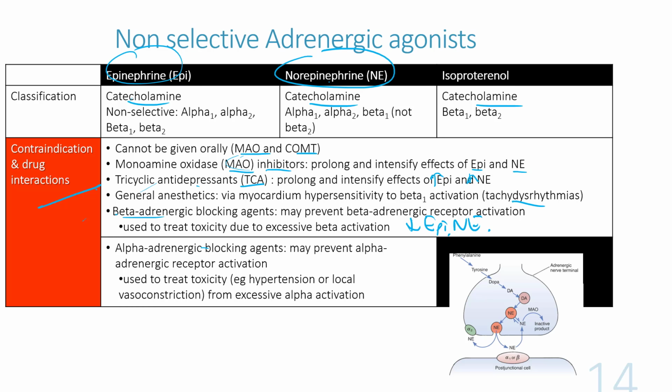Epinephrine and norepinephrine also affect alpha receptor subtypes, and so if given with alpha blocking agents, it may actually decrease the effect of epinephrine and norepinephrine on blood vessels. And again, it's a common way to actually treat excessive alpha activation.